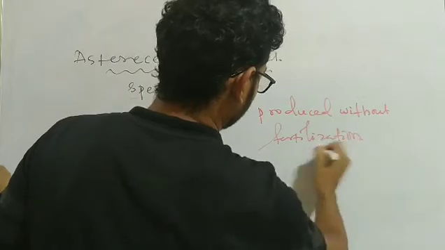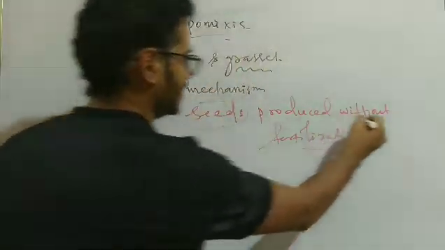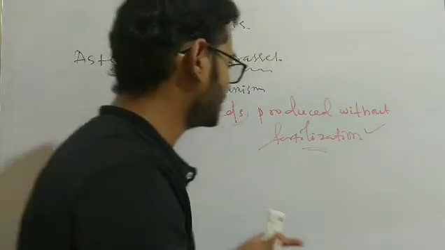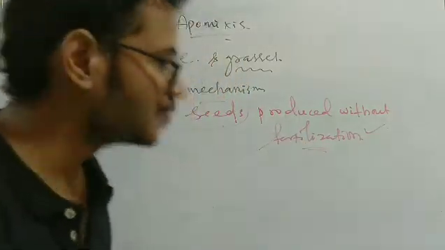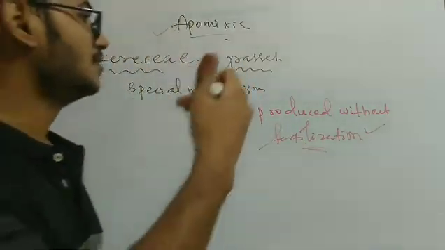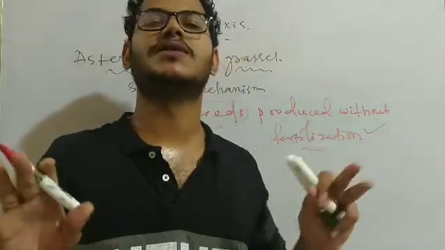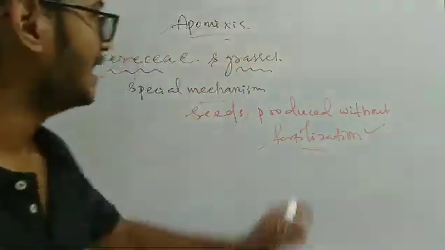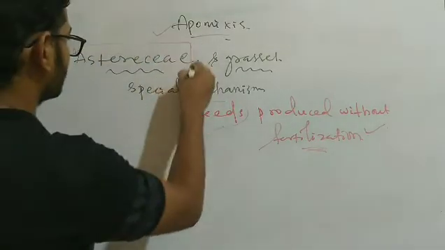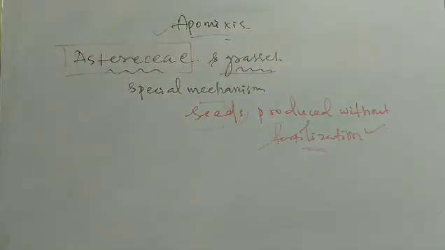The mechanism by which seeds are produced without fertilization is known as apomixis. Remember, the process or special mechanism by which seeds are produced without fertilization we call apomixis, which is found in Asteraceae and grasses.